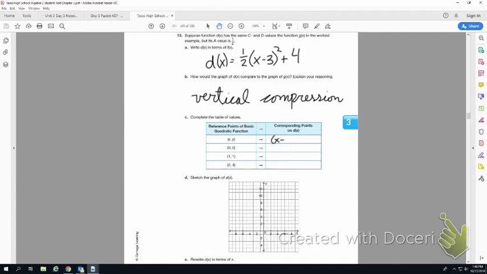So I'm still going to add 3 to my x's. I'm going to add 4 to my y's, but what else do I need to do to the y values? Multiply by 1/2. I want you and the people at your table to apply those transformations and then graph it down there at the bottom.